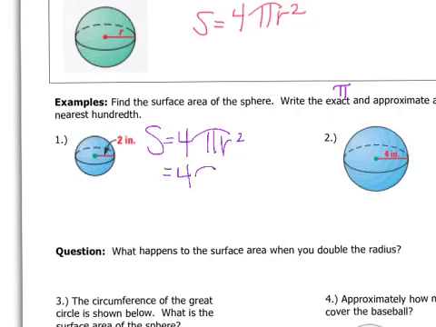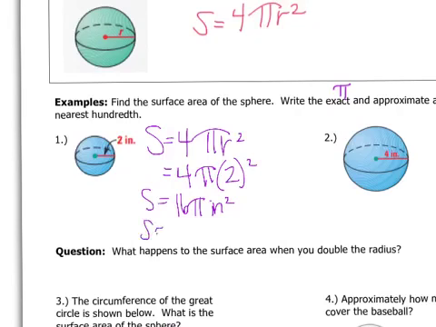Bring down the 4, bring down the pi. This is pretty basic here. We're given everything we need, which is the radius is 2 inches, so plug that in. Two squared is 4, times 4. This is 16 pi inches squared.